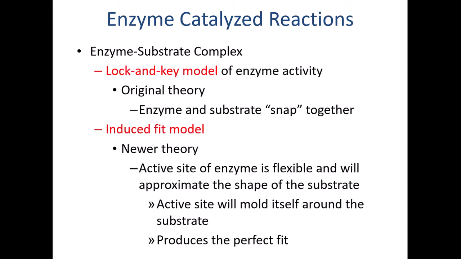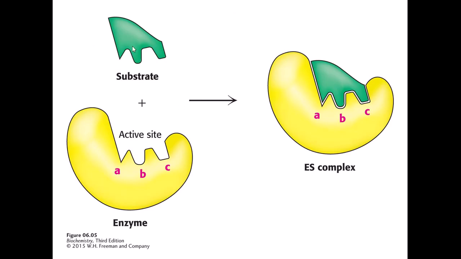So there are two theories on this. The original theory of how the enzyme will connect to the substrate was called the lock and key model, right? This is the original theory where the enzyme and the substrate actually snap together. So I'm going to jump ahead for a second. This is a picture from our book where they show you the enzyme.